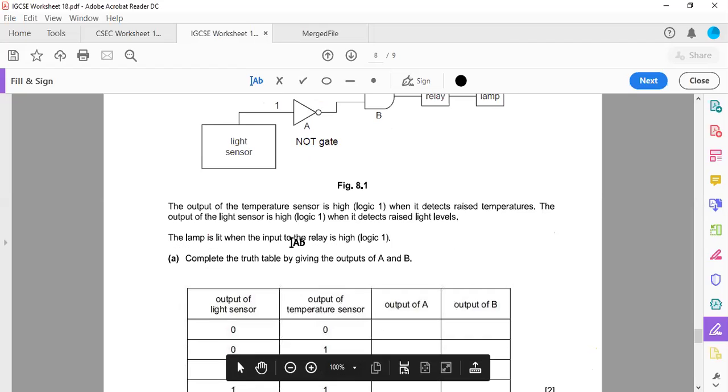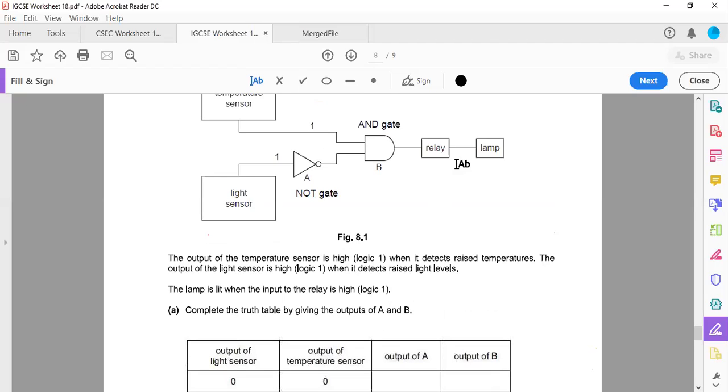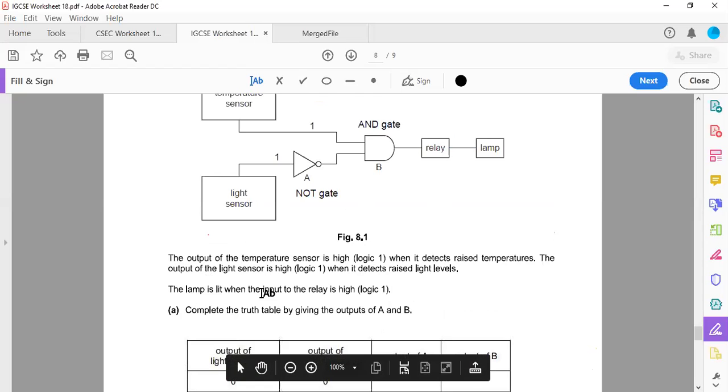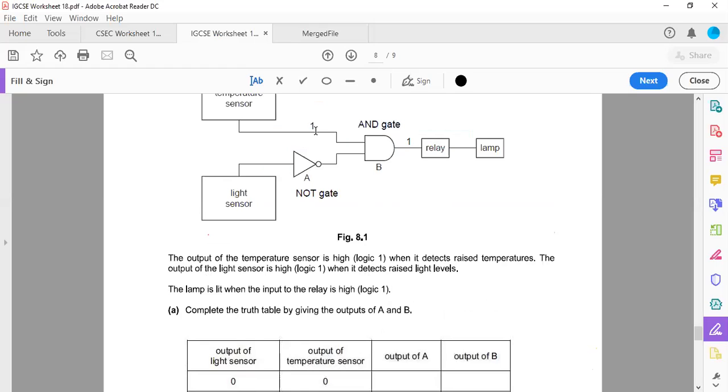The lamp is lit when the input to the relay has 1. So your answer must be 1 here. Good. So your answer must be 1 at this point here.